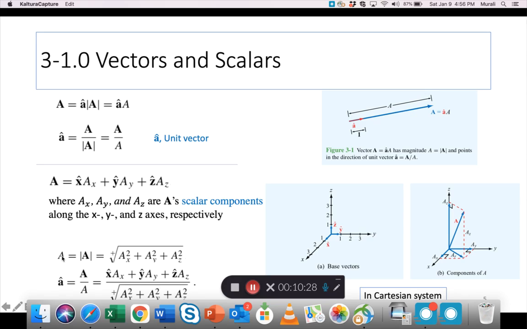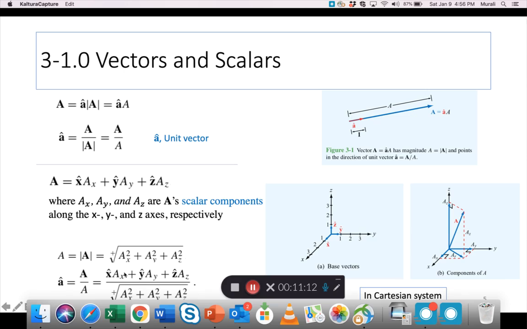So if you want to find A, which is the magnitude only of this vector A, then you write that as mod A, and then you do the root of Ax square plus Ay square plus Az square. Similarly, if you want to find the unit vector, now it has a magnitude of 1, but we are not trying to find the unit vector along just the x-axis or the y-axis, but the unit vector for A, the main vector, and that is this formula A by A, which we saw here, which comes out to be this.